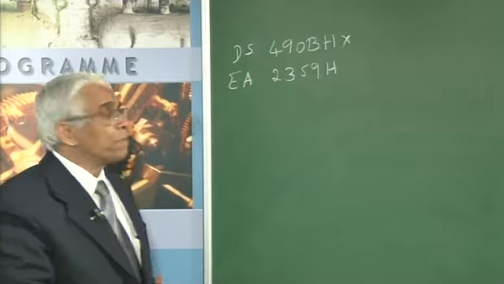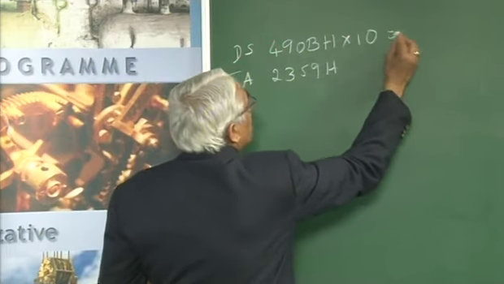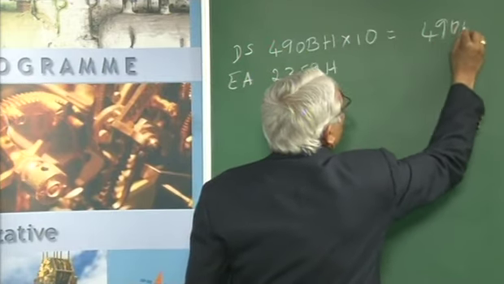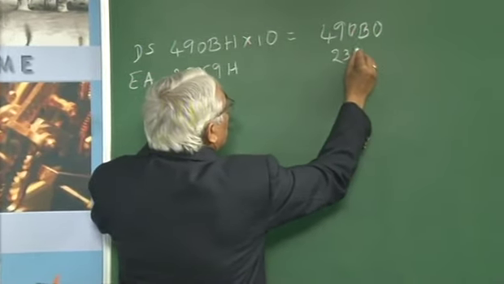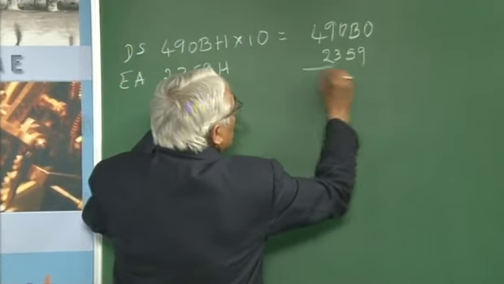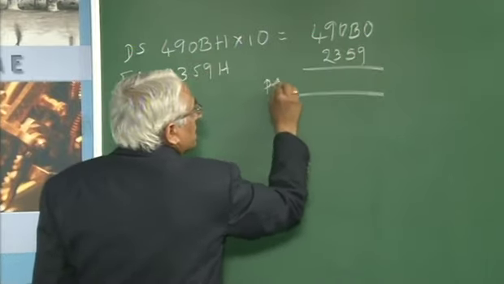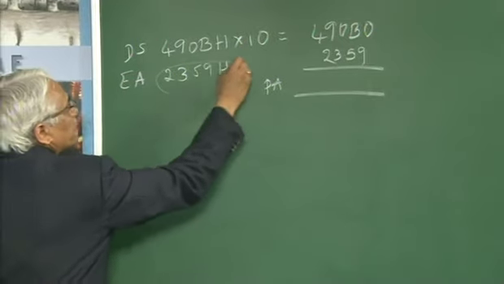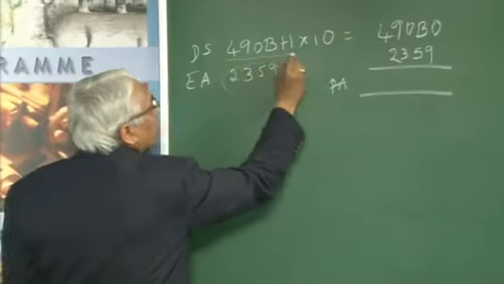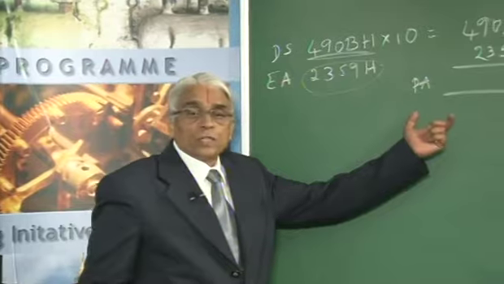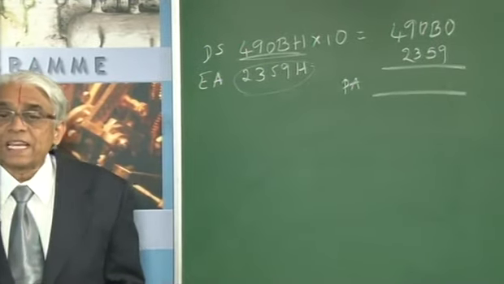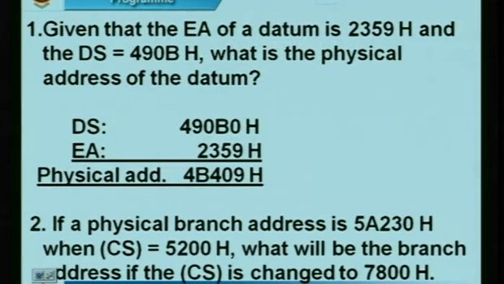Displacing by 4 bits is nothing but multiplying by 10 hexa to get the value 490B0, and adding 2359 gives you the physical address. So, this is the effective address which is given, and this is the segment value which is given. So, we get the total physical address which is set onto the bus to access the required data. This is the example, and the total result you get is 4B409 hexa.